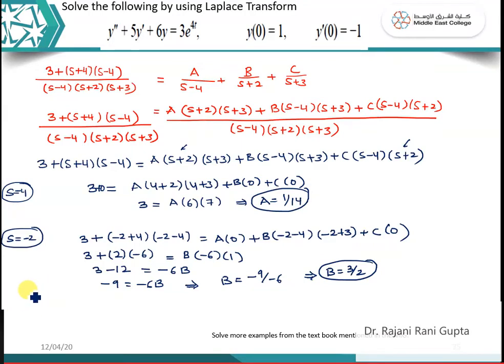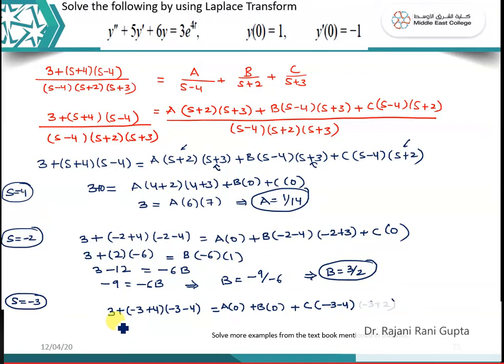When we replace s by minus 3, what we will get? 3 plus minus 3 plus 4 minus 3 minus 4 equal. Now s plus 3 is 0, it means the term with a will be 0, and the term with b will also be 0. We get c times minus 3 minus 4, minus 3 plus 2.